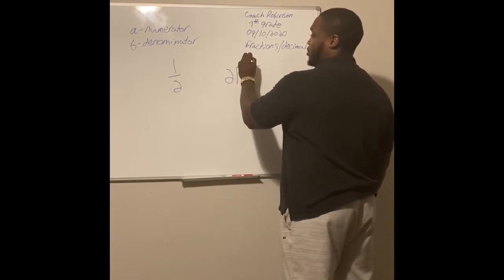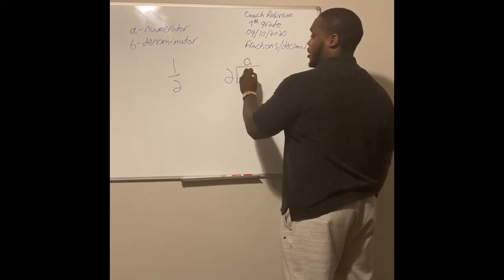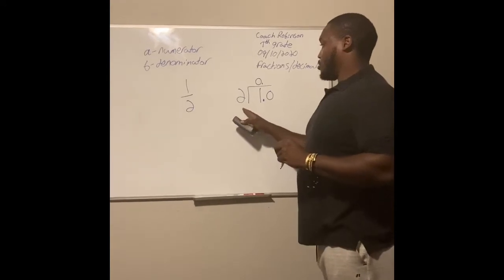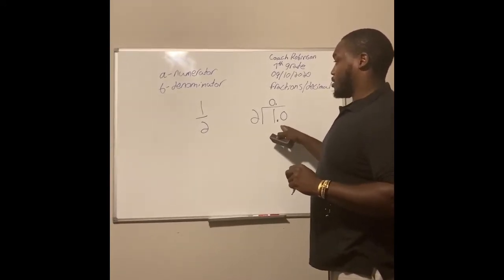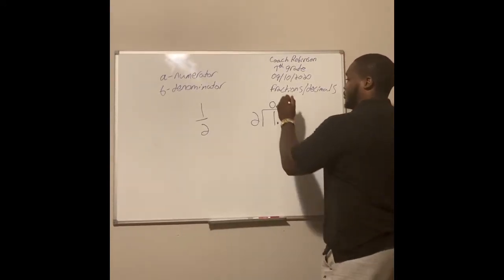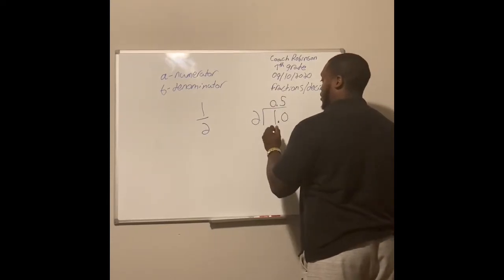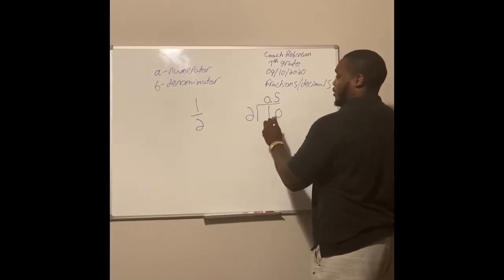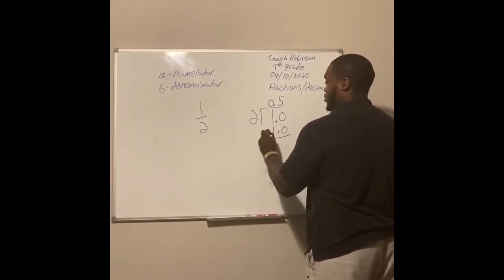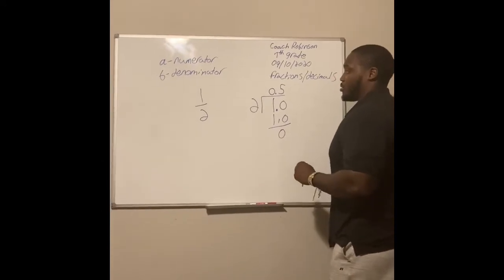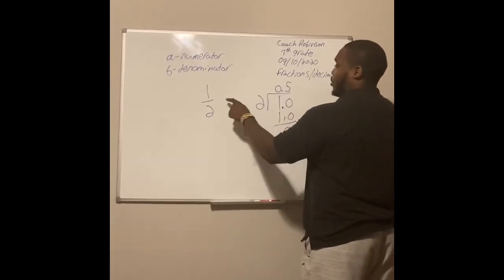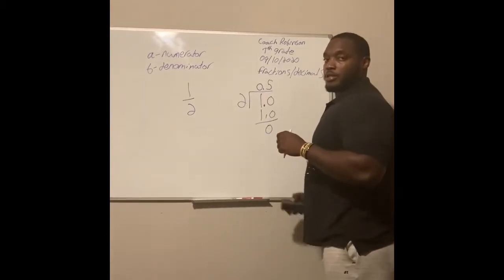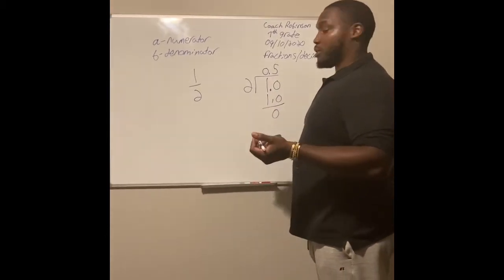And when I add a 0 here, a decimal comes here, and a decimal goes there, and then I add a 0 here. 2 can be divided into 10 5 times. So 2 times 5 is 10. That equals 0. So this is how we know that 1/2 equals 0.5, but this isn't expressed as a percentage.